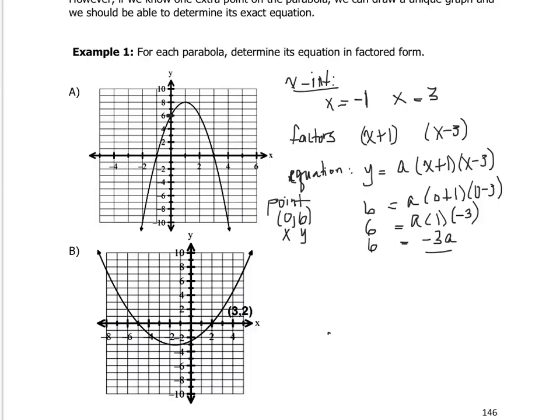If I divide out the -3, I can solve for a, so a needs to be -2. Therefore the specific equation for this particular graph would be y equals -2 times (x plus 1) times (x minus 3).